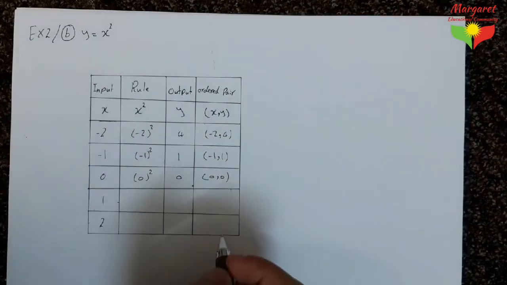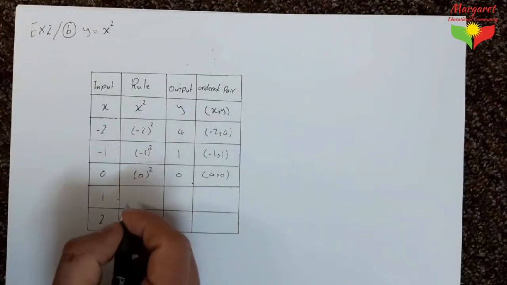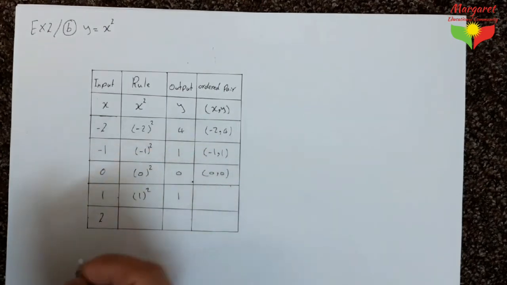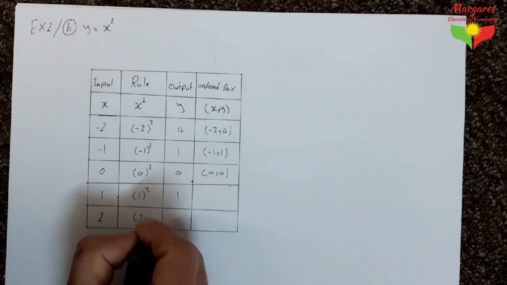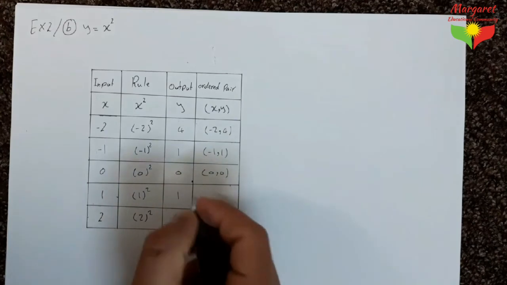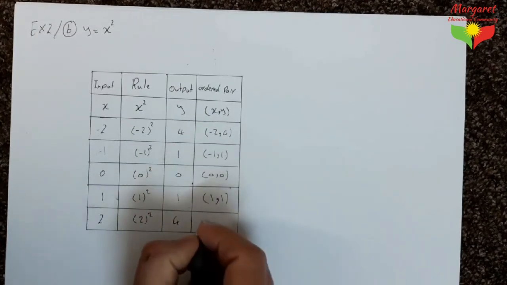And substitute 1 for x. So we have 1 square equal to 1. And substitute 2 for x. So we have 2 square equal to 4. So the order pairs is 1, 1 and 2, 4.